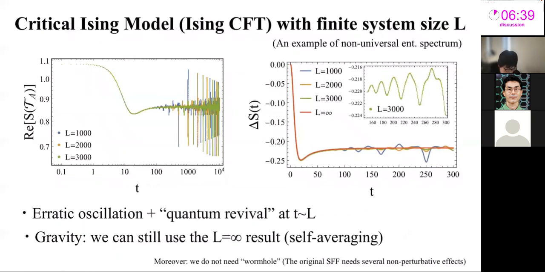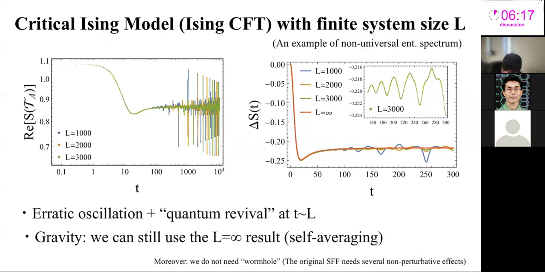Okay, so far I have only discussed the very universal result, but let's go to the more non-universal part. For example, if we consider the Ising CFT with finite system size, then the reduced density matrix has a non-universal entanglement spectrum compared with other CFTs.